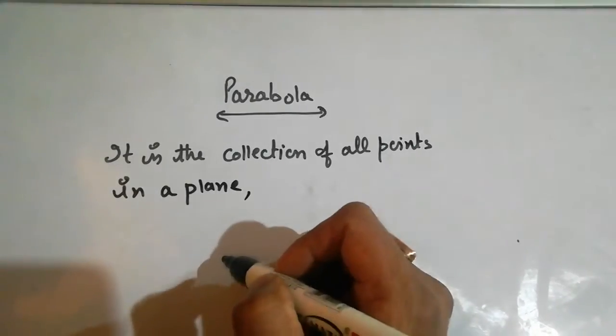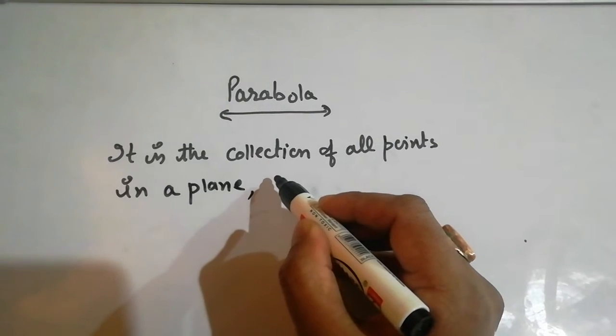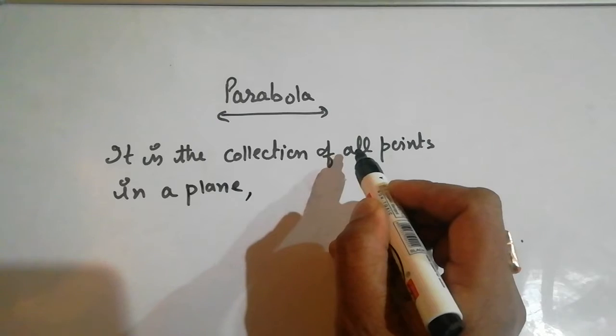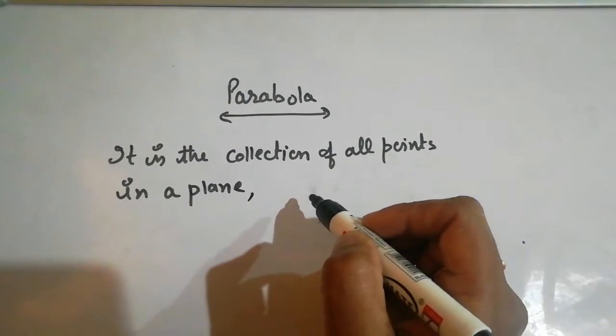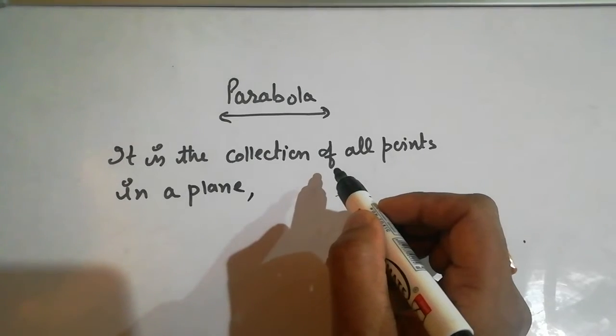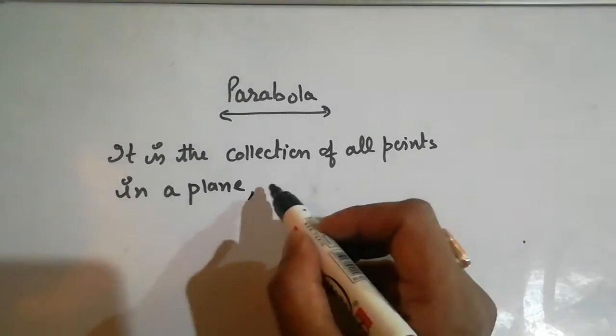And what is the condition? The condition is that the points are equidistant, meaning they are at equal distance from a fixed line.